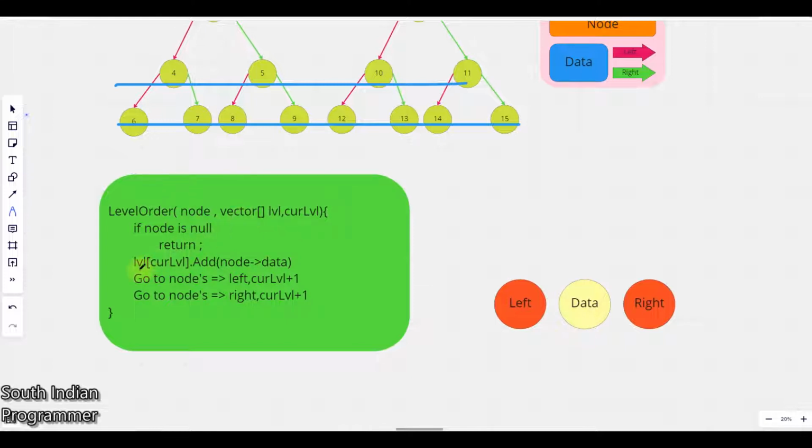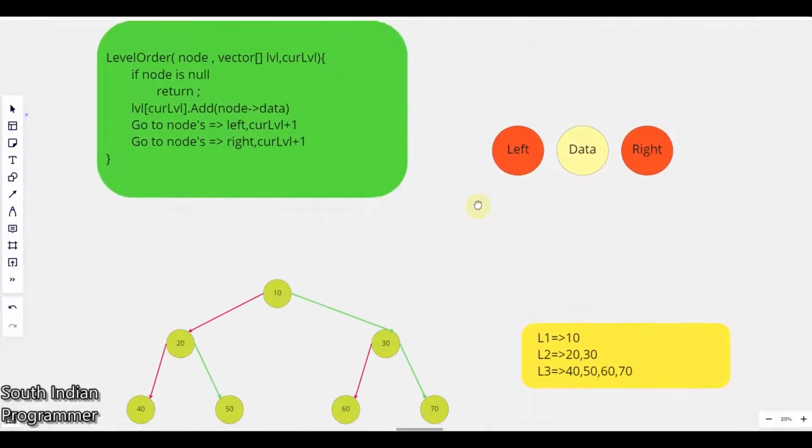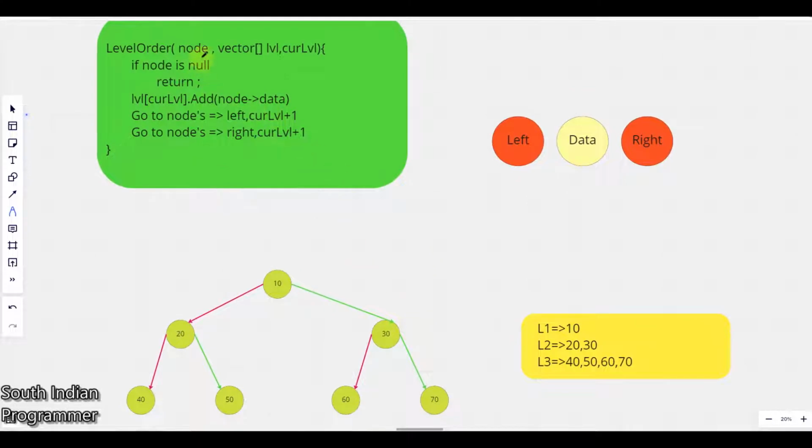Next, in this vector, for this specific height we have to add that node's data. Then we traverse the left subtree with the current level plus 1, and we traverse the right side with the current level plus 1. We'll see a few more examples and I'll explain this code.